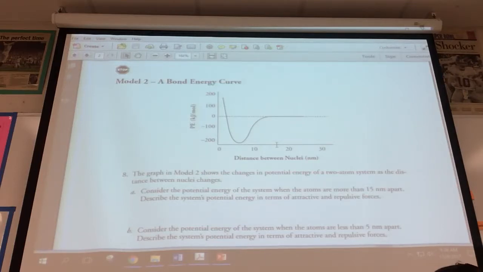First of all, what's the potential energy at a distance of 15 or greater? Zero, not a trick question. And how would you describe it in terms of attractive or repulsive forces? Could it be like either 5 is repulsive? Yeah. Well, it's asking about more than 15, so what do you think here?